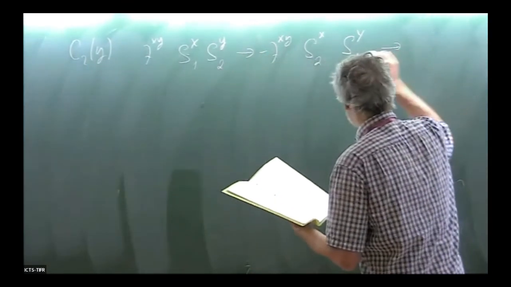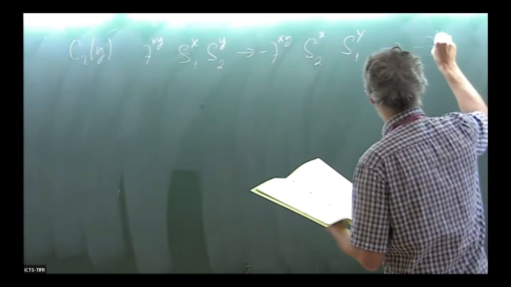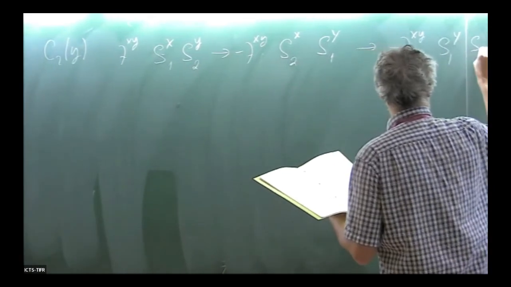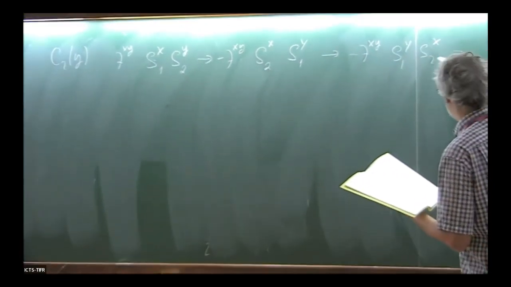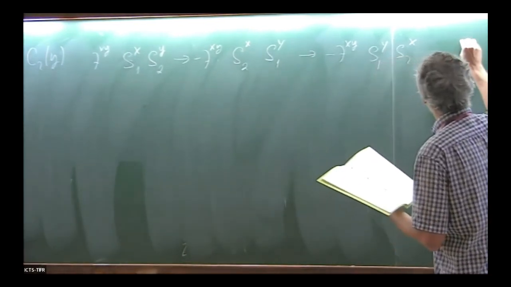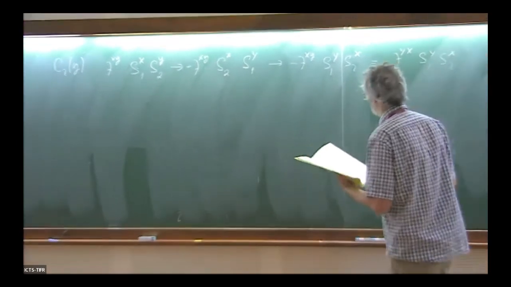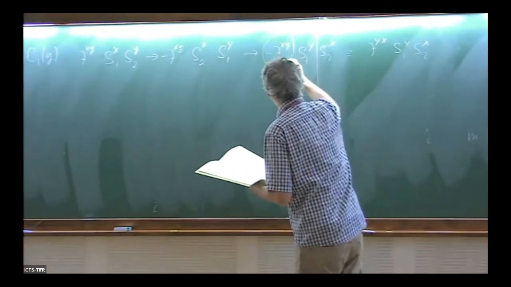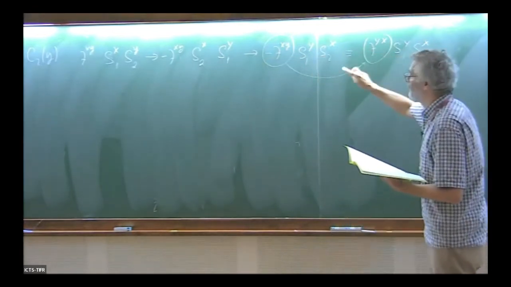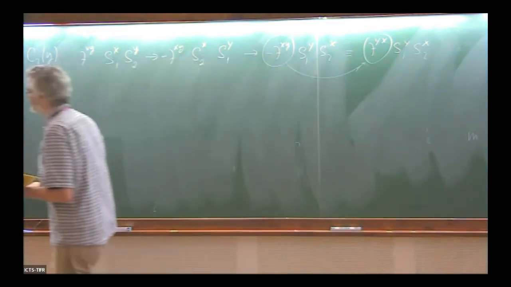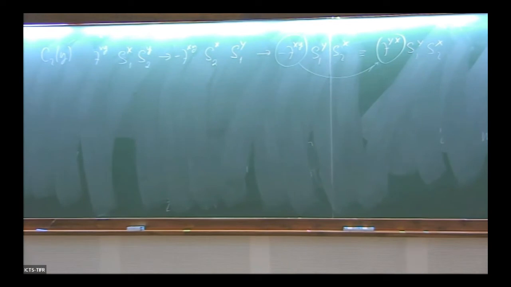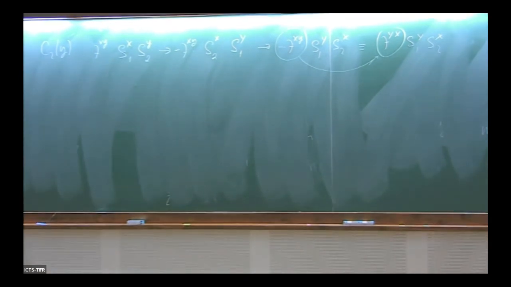Right? And we can rewrite this as minus JXY, S1Y, S2X, and the corresponding term in the Hamiltonian needs to be equal to JYX, S1Y, S2X. So from here, we got the condition that these two coefficients in the Hamiltonian need to be equal in magnitude with opposite sign. So if we also include the C2Y, the Hamiltonian becomes JXY, S1X, S2Y minus S1Y, S2X.